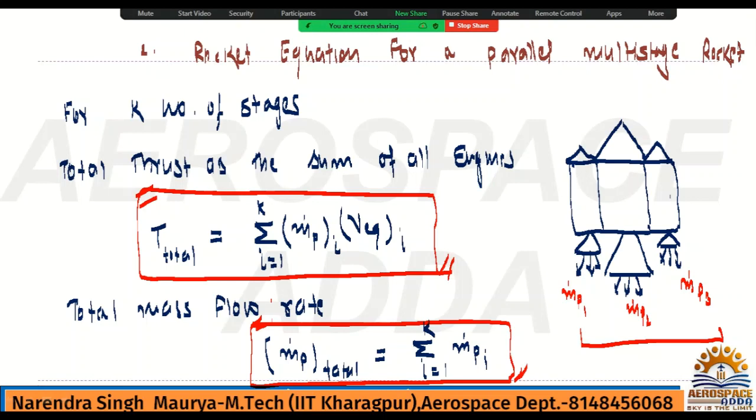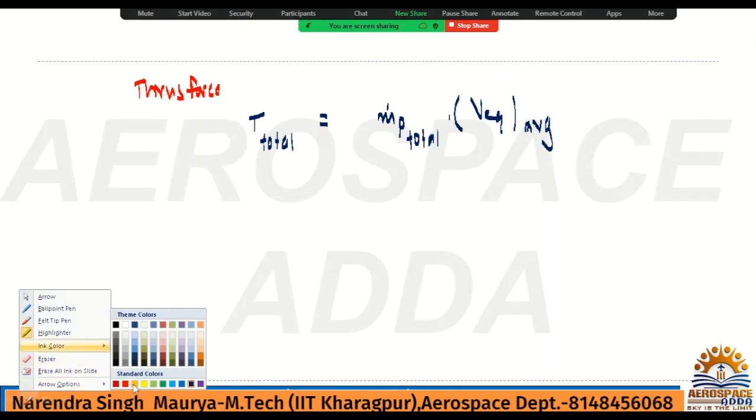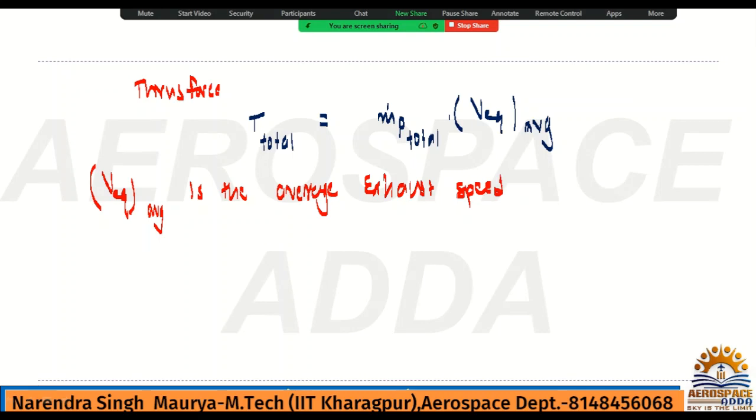How to get it? We can write here, V effective average, or V equivalent average, is the average exhaust speed or velocity, and it is given by this formula.